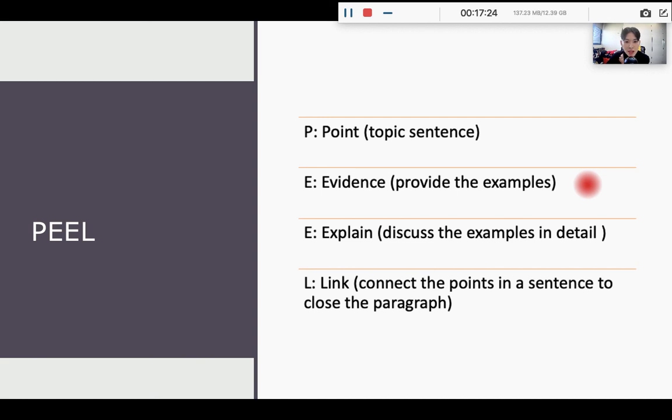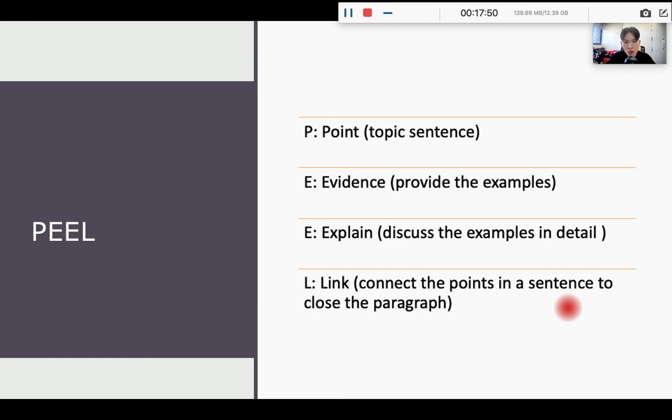And then the second E refers to explain. You need to explain the example that you offer. And then finally, link. Once you are done with one example, you need a transition to link from example A to example B. So peel.